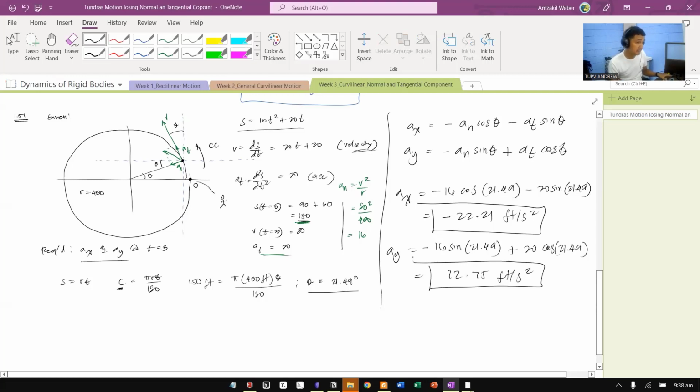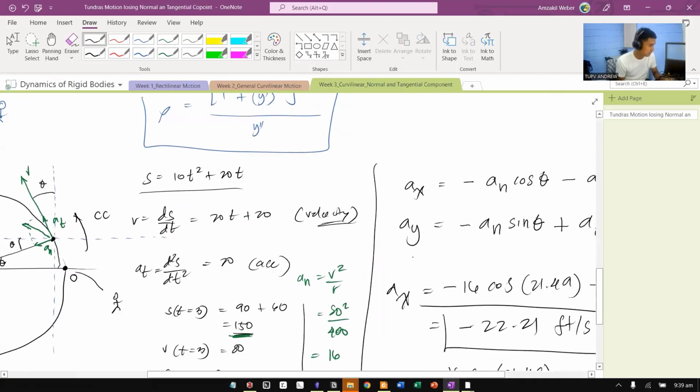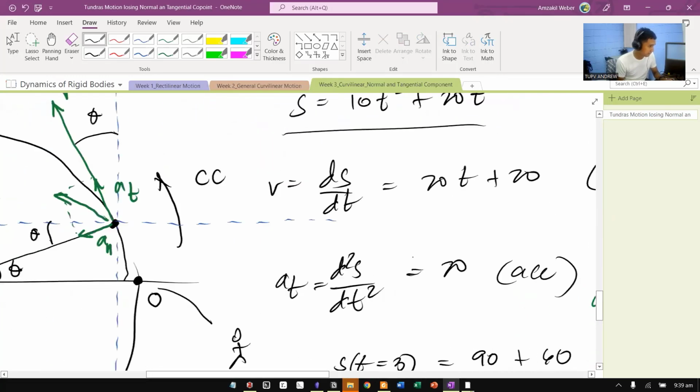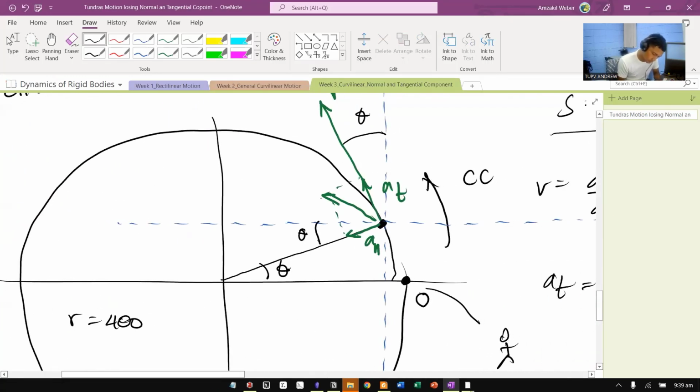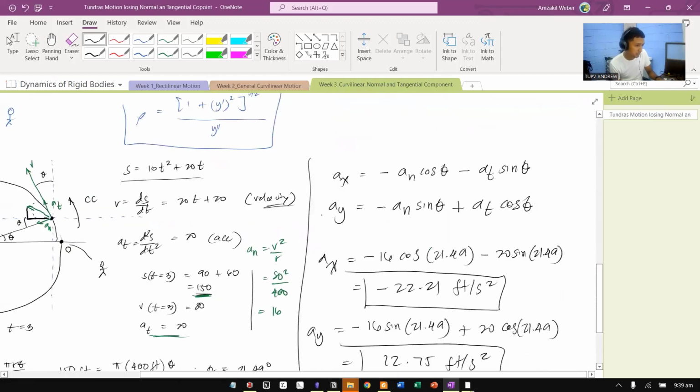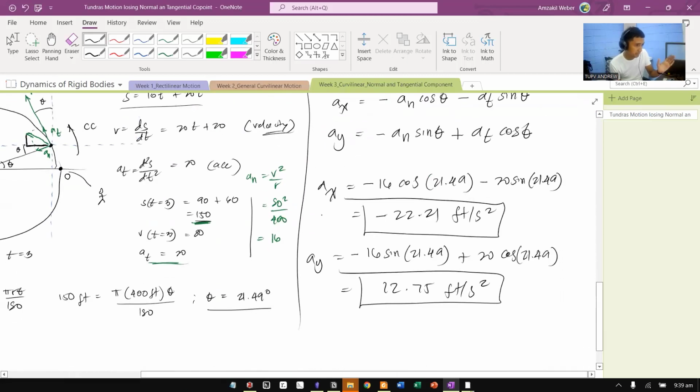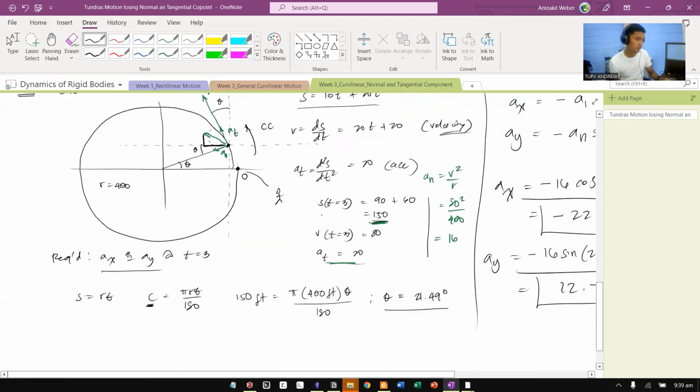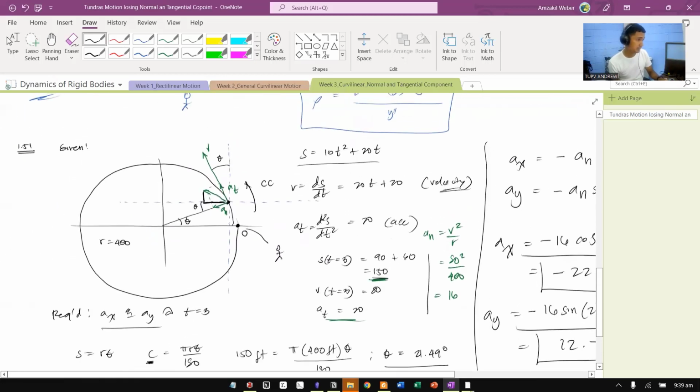AX is negative, which makes sense for a component pointing left. AY is positive, pointing upward. So that confirms it: negative 22.21, and a small positive value for AY. So this is the answer.